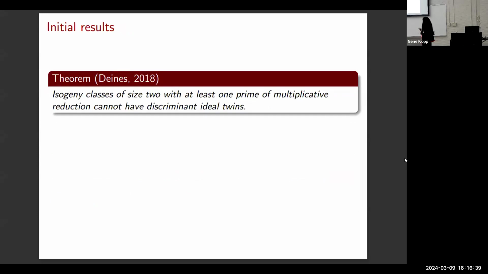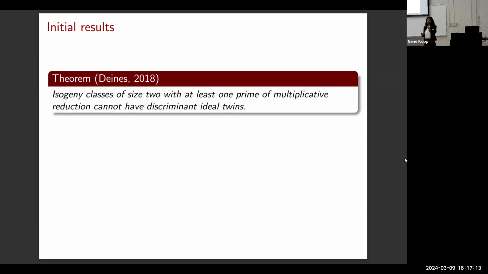Okay, so let's start with the start of this work, which is this paper by Alison Dennis in 2018. I forgot exactly what the year was, but here she proved that if your isogeny class has size 2, and at least one of the primes has multiplicative reduction, then it cannot be discriminant ideal twins.